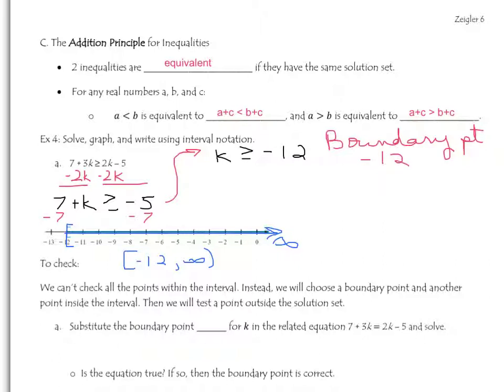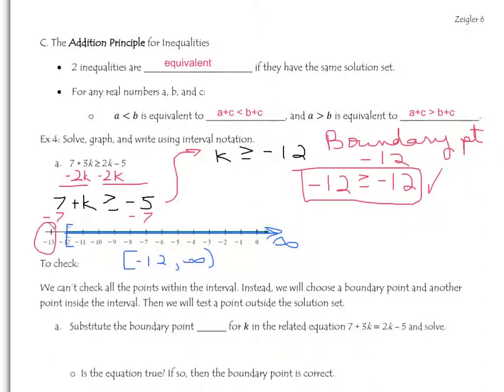There is one boundary point, and that is -12. So when k equals -12, we have -12 is greater than or equal to -12. Well, -12 isn't greater than, but it is equal to, so that's fine. Then we choose a point outside our solution area.